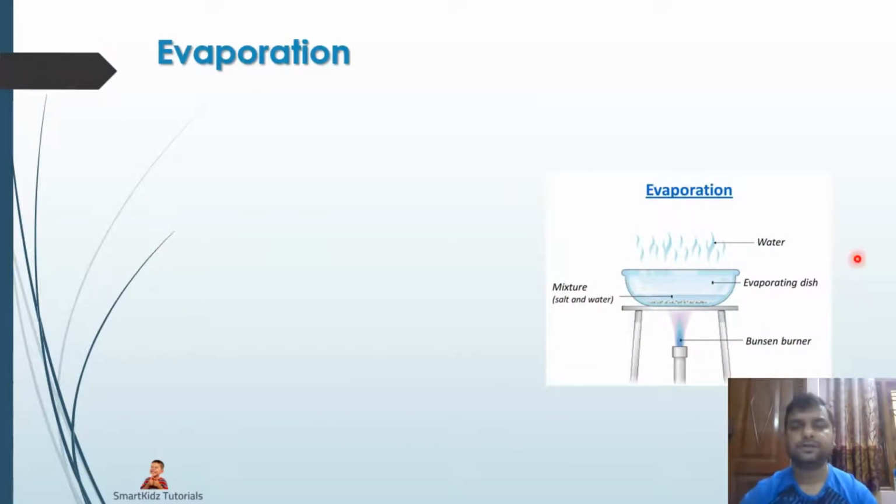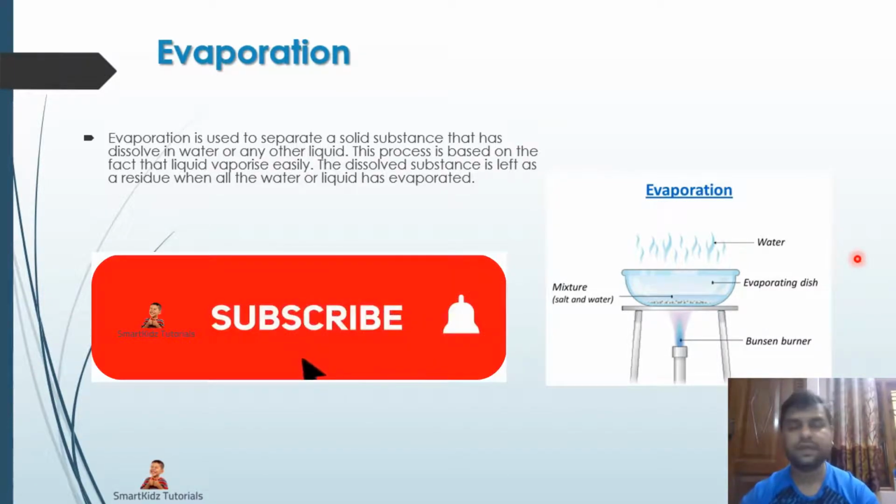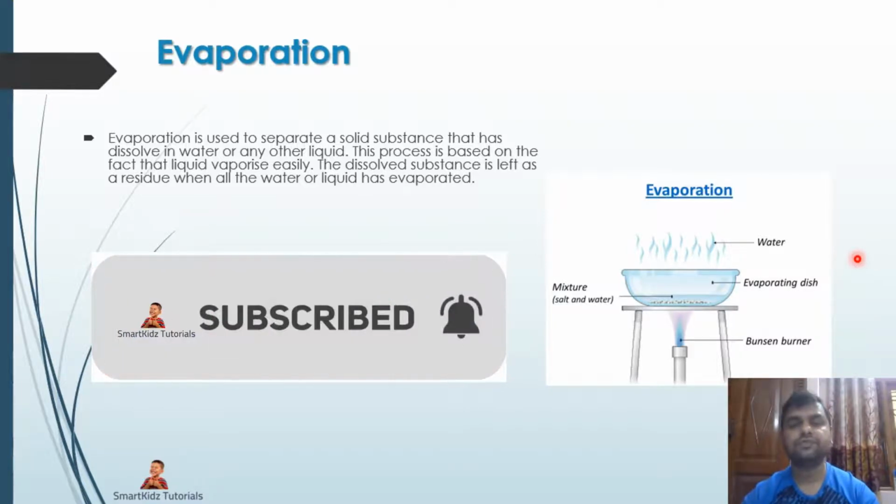Coming to evaporation, we usually use evaporation in order to separate salt from salt water. Okay, and it is used in salt pans for that process. And this process is widely used. Nowadays, you also have salt refineries, which give you refined salt. But on a domestic scale, even till today, you have domestic or local salt makers who actually use the salt pans, and they use the process of evaporation.